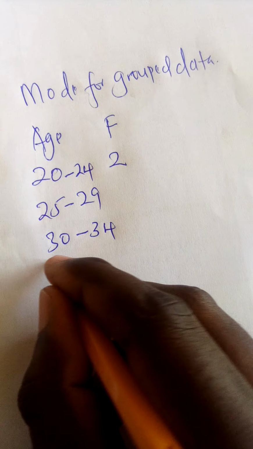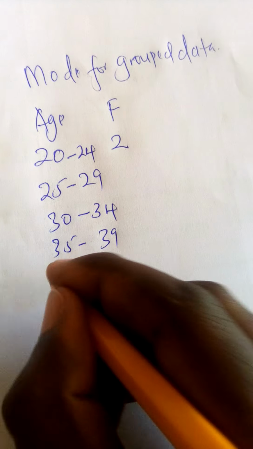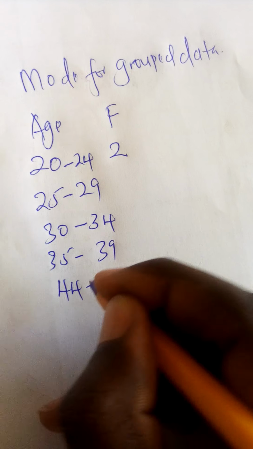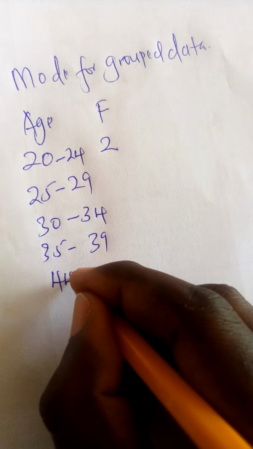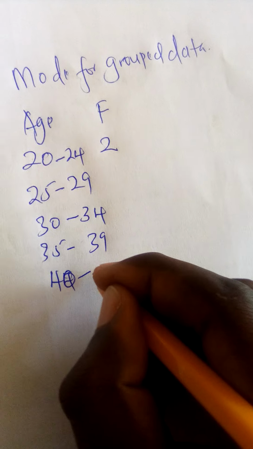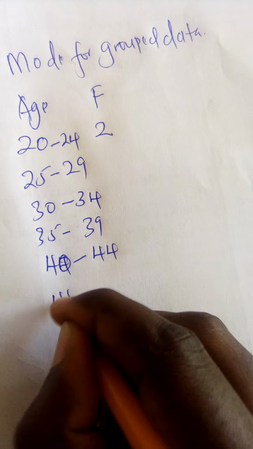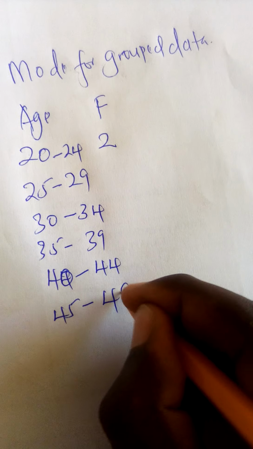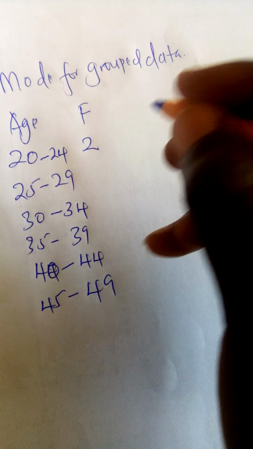And then the next class will be 35 to 39. Our next class will be 40 to 44. And then the next class will be 45 to 49. So basically those are the classes. So the frequencies we will run as follows.